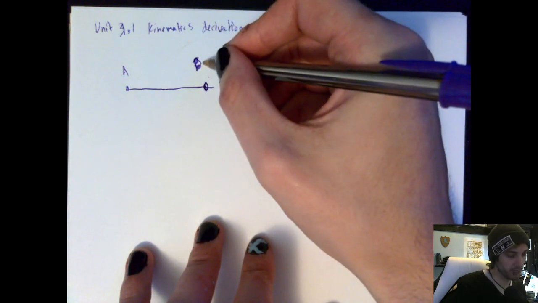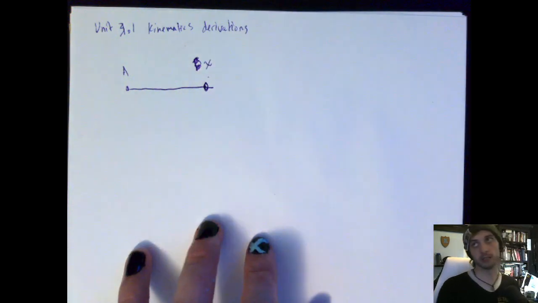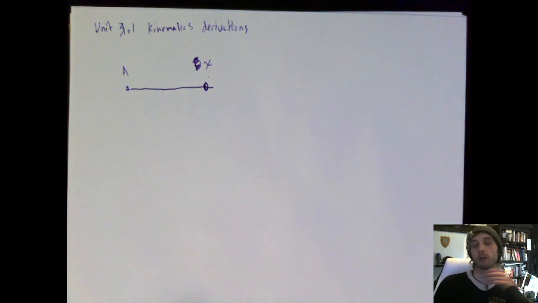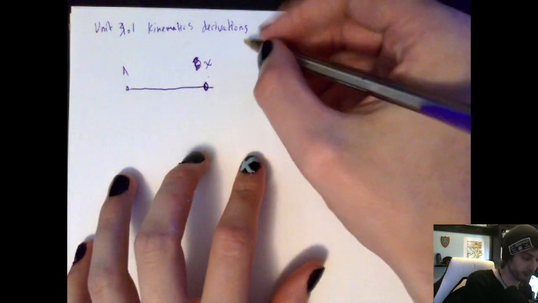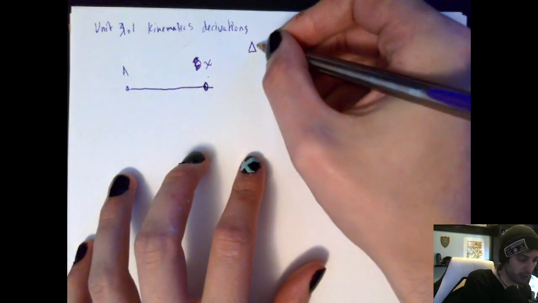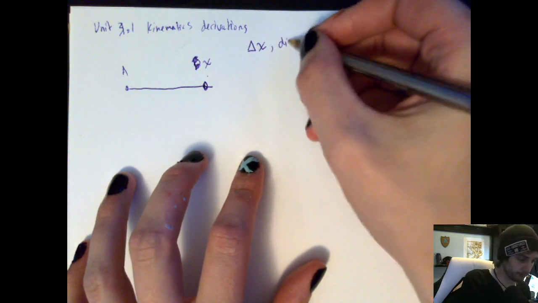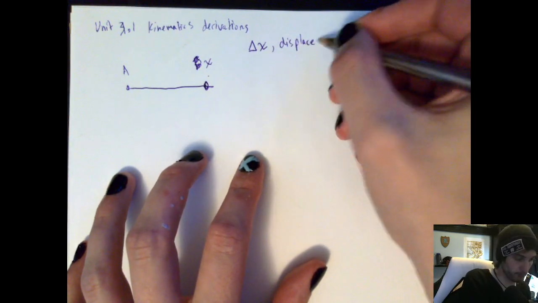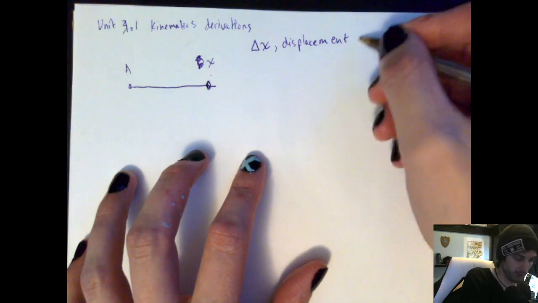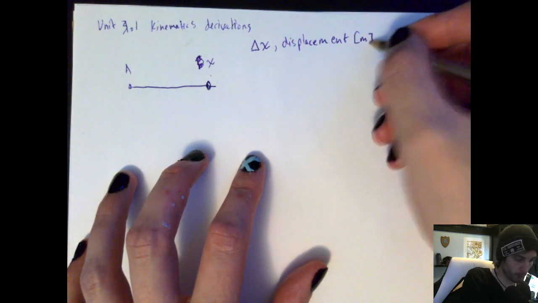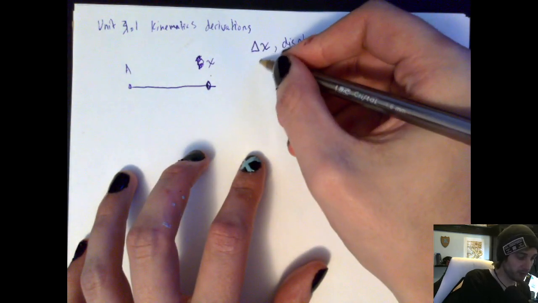Let's say it's going from point A to some arbitrary point X. And what I want to be able to do is, at any point in time along the way, figure out how far it's gone and in what direction, which would be our displacement, measured in units of meters.